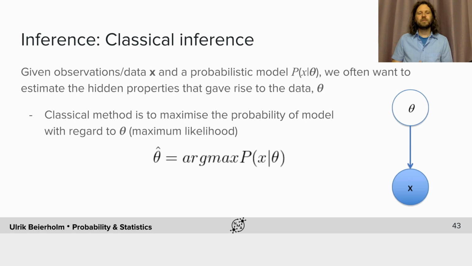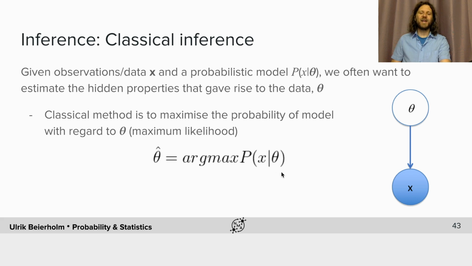And these hidden properties, here I've used the term theta, are something that you can then try to find. One way to do it is to use what's called the maximum likelihood principle, where you take the likelihood of the properties over here. So you take the probability of X given theta.